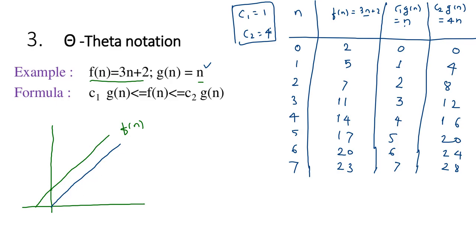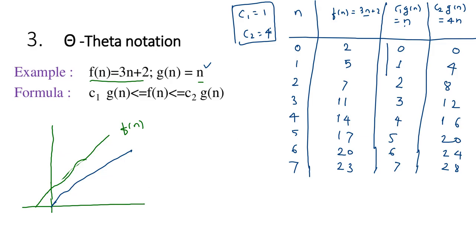Let me erase it, because you may get the feeling that the slope is the same. So for n we will be getting something like this, and c1 into g of n is always less than this line.